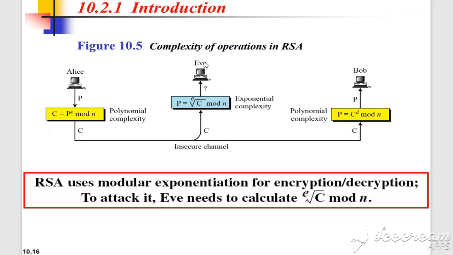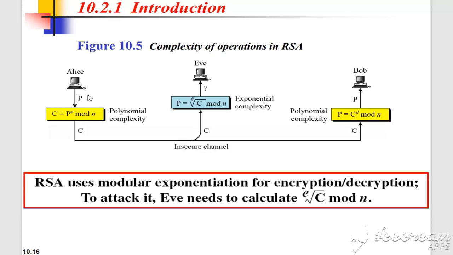But here we can use asymmetric key cryptography, for which there will be a key pair, the public key and the private key. The public key is used for encryption and the private key is used for decryption. In this figure you can see E is the public key and D is the private key.